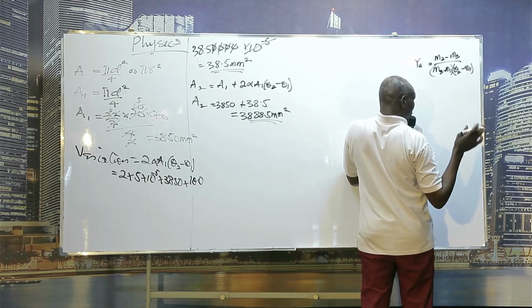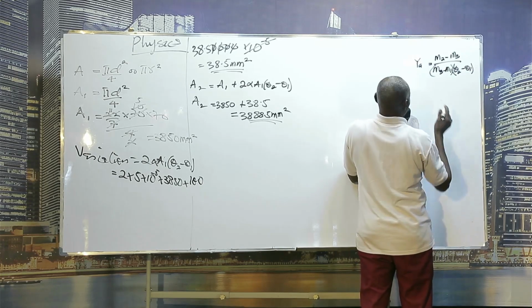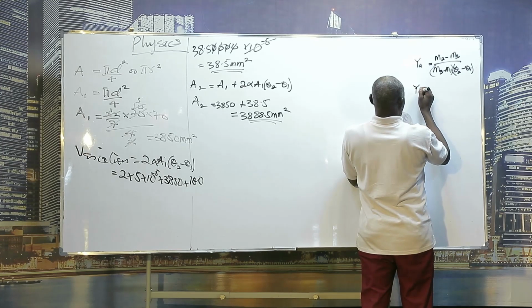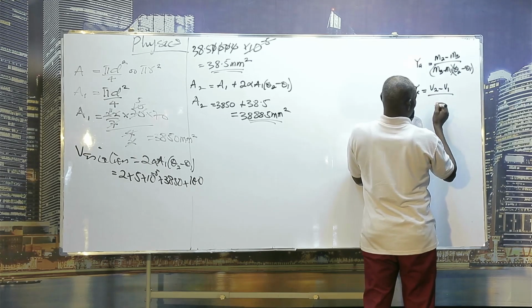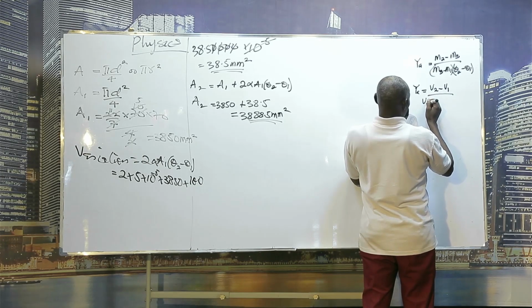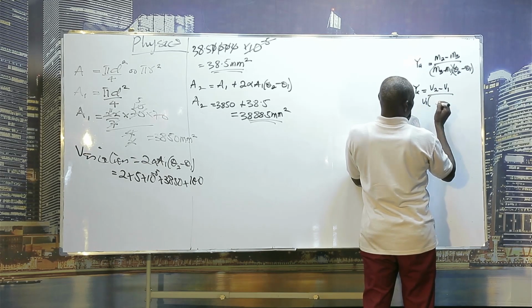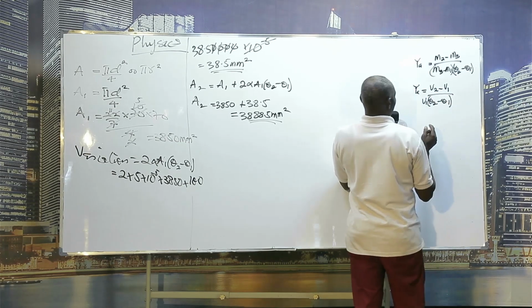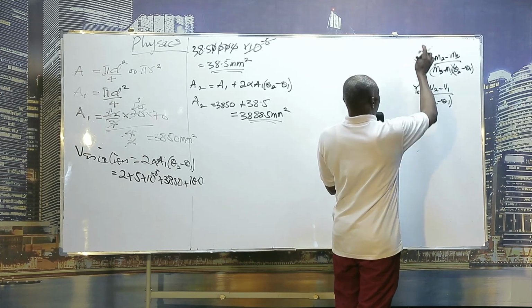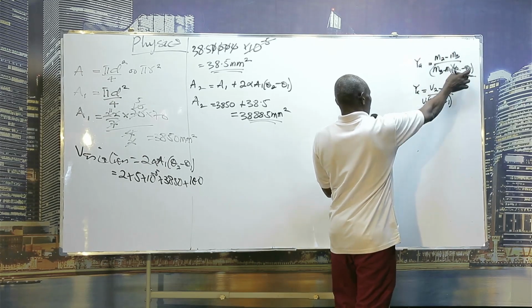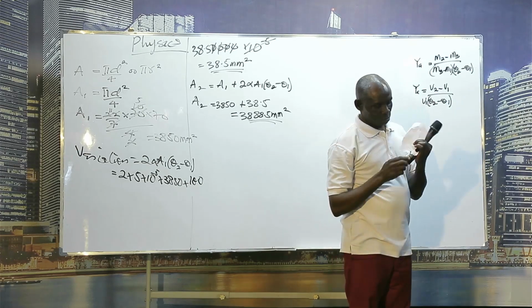But when volumes are used, you make use of V2 minus V1 over V1 into theta 2 minus theta 1. When volumes are used, you use this. When masses are used, you use this for that question.